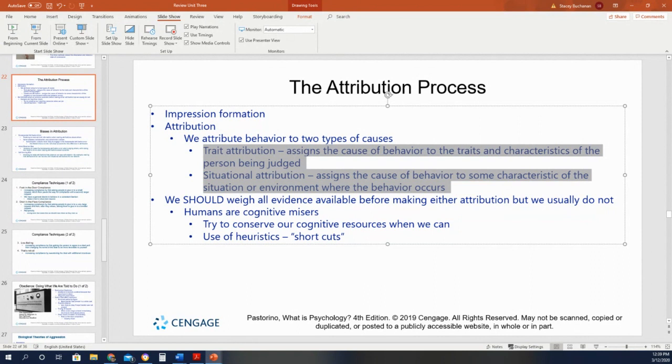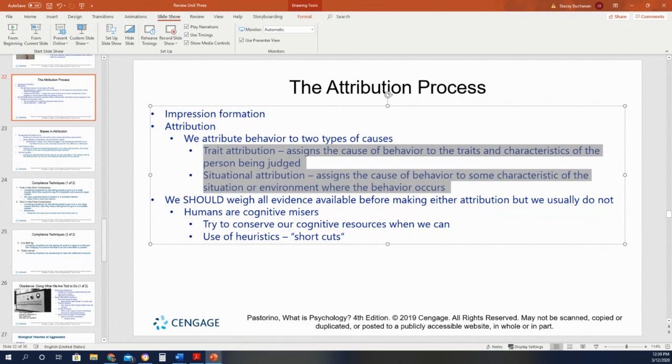Just a quick one, you see someone yelling at someone. Trait attribution would be the fact they're a meanie beanie, the fact that they're not a nice person, that they're mean, they're unfriendly. Those are trait attributions. Their characteristics about them.